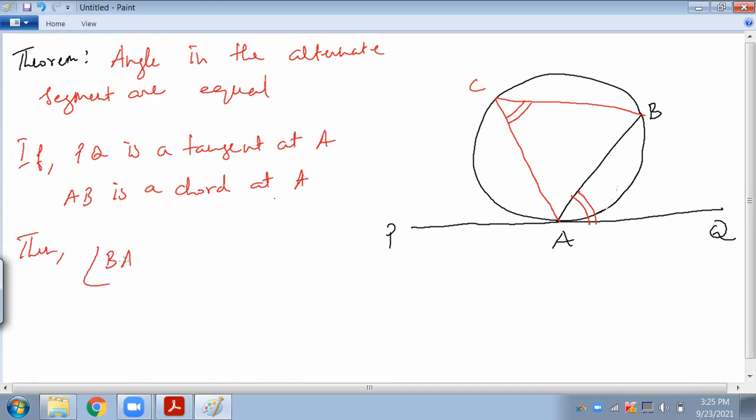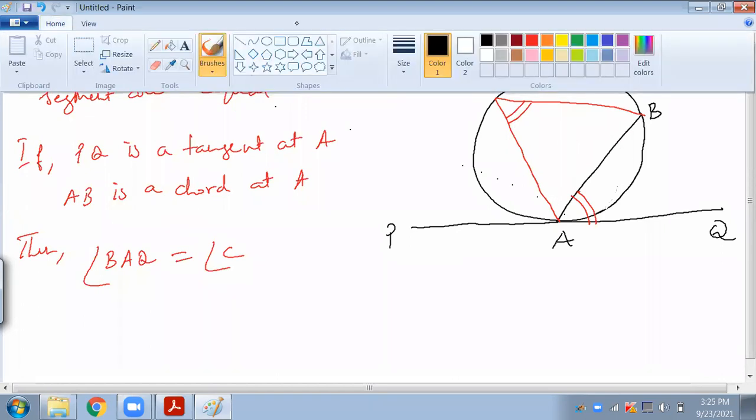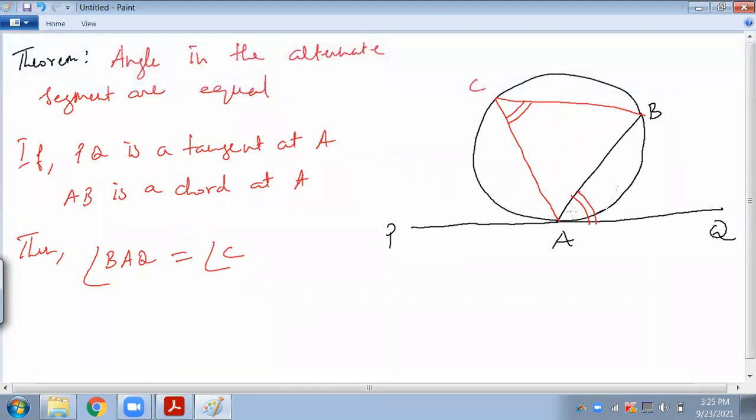Then angle BAQ will be equal to angle C. So for angle in the alternate segment, there will be a chord at the point of contact. At the point of contact A, we have a chord, and the chord is making angle BAQ on the right segment.